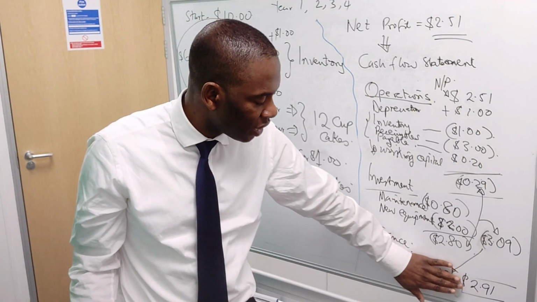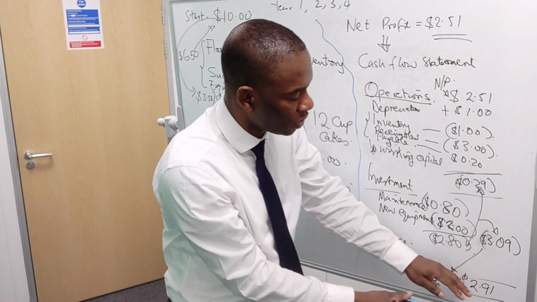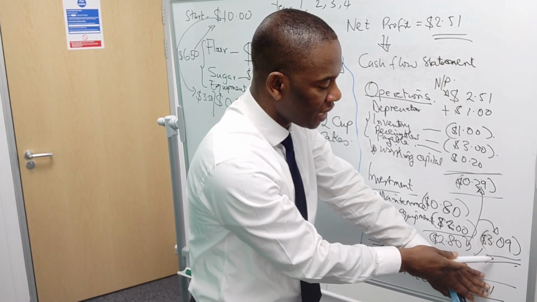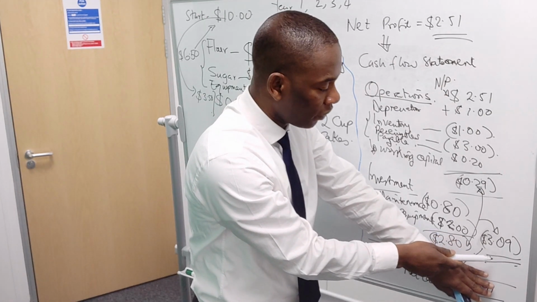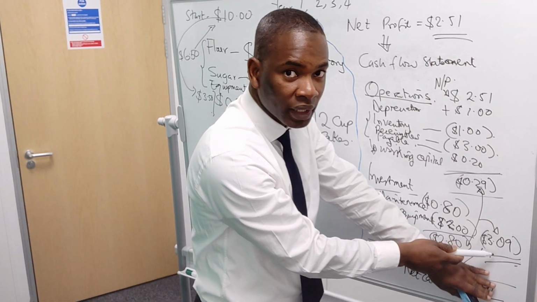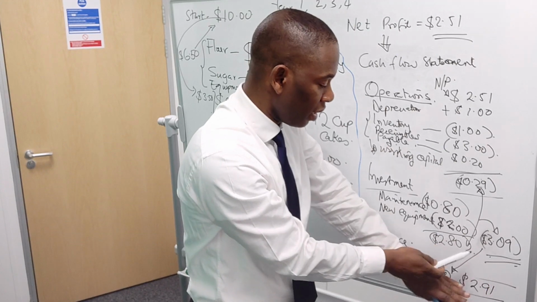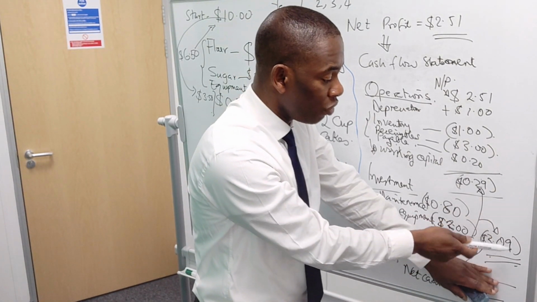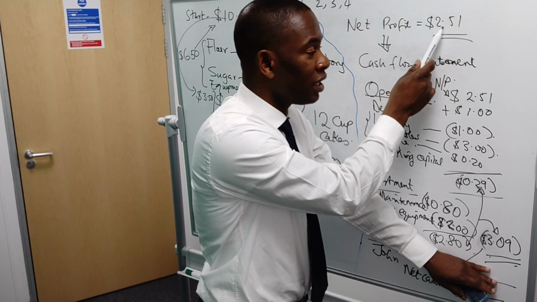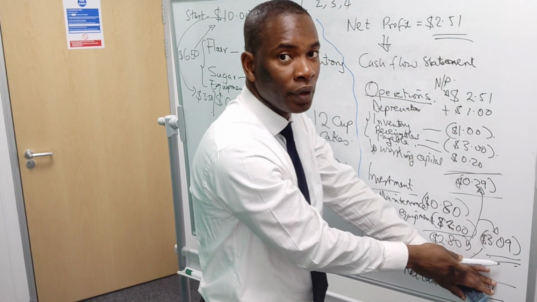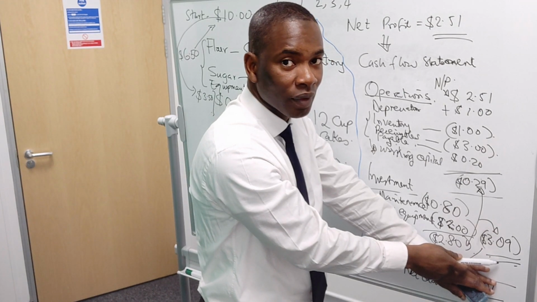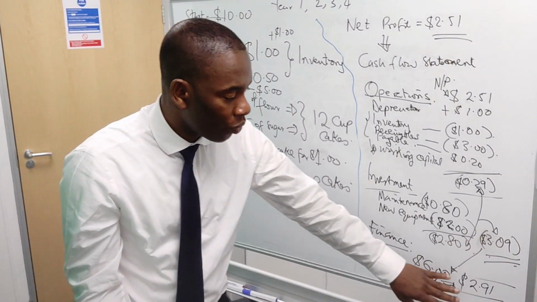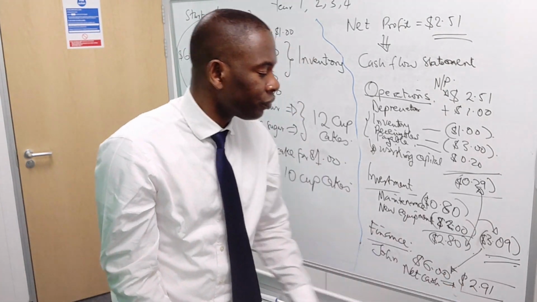If we didn't have this $6 from John, this is what the business would actually be standing at. We would not have enough money, we'll be out of pocket, and in some cases, if you don't get to borrow, you go out of business. So in a way, you are making money in your net income, but you are not making cash. Cash is king. So that is where we are right now.